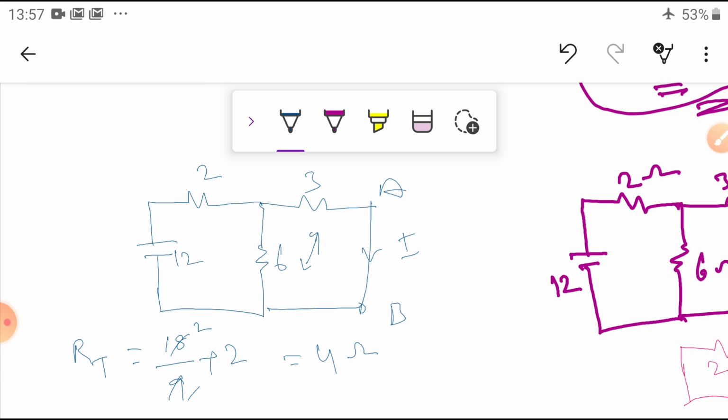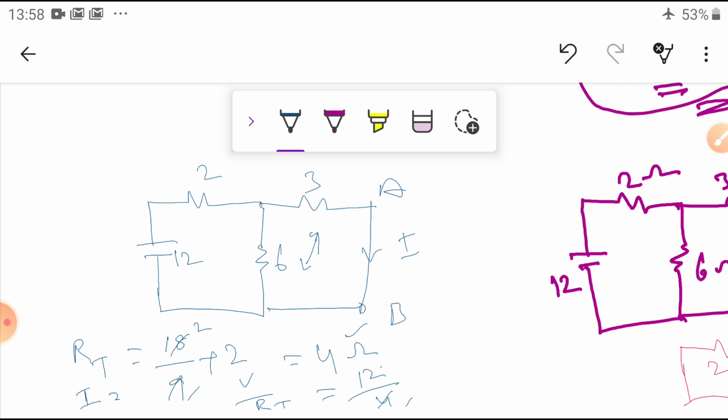Now what is the current? I is equal to V by R total. So V is equal to 12 is given, and R total we got, 4 ohms.